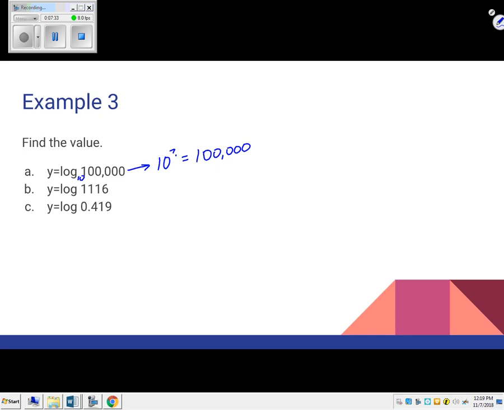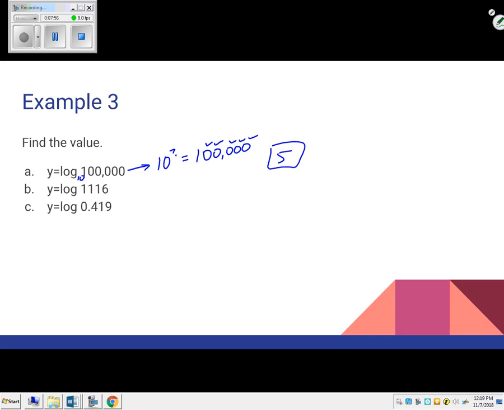Well, a little shortcut that I hope you've already learned is that 10 raised to a power is just going to tell you how many zeros come after the 1. And so the answer to this one would be 5. 10 raised to the 5th power gives me 100,000. Therefore, log of 100,000 is equal to 5.